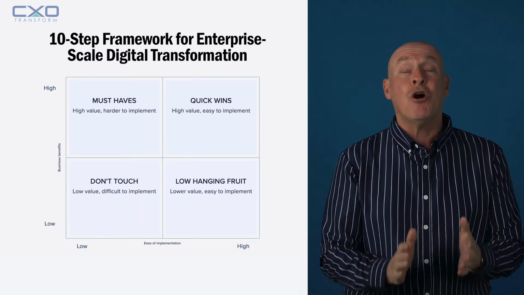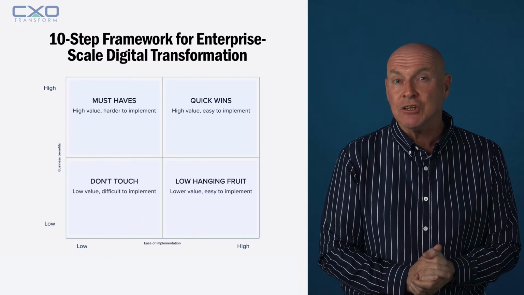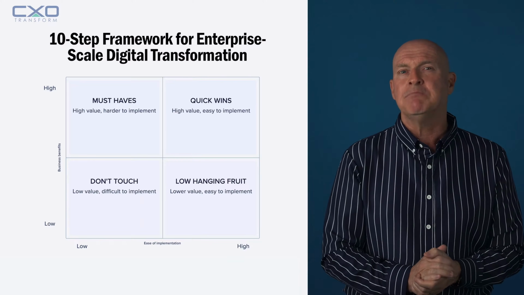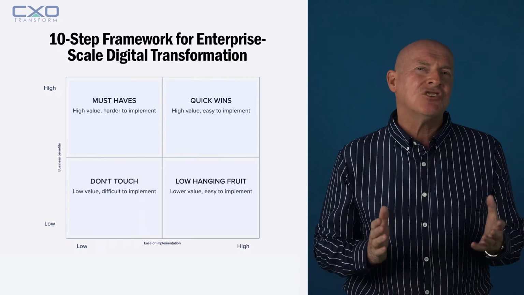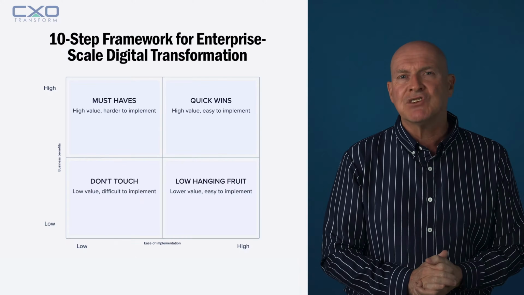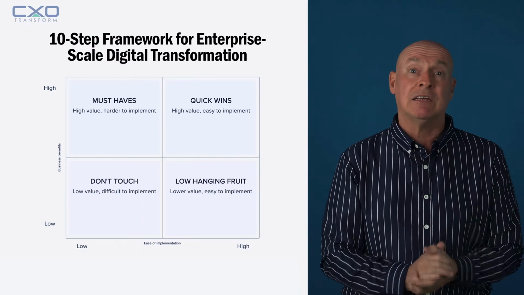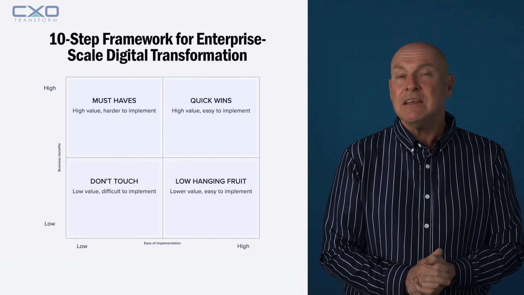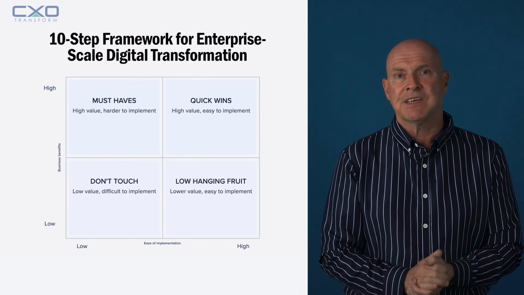Then we've got the low-hanging fruit. These are digital use cases that are easy to implement but don't provide significant business benefits. And these should only be realized if the resources are available and not required for a transformation initiative of a higher priority. And then you've got the don't touch use cases.